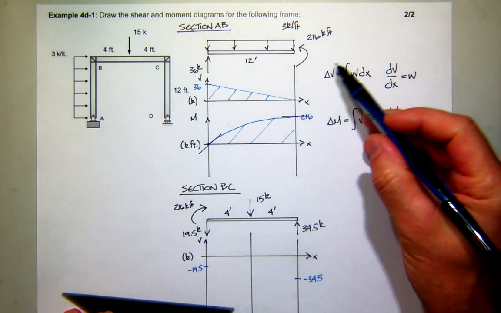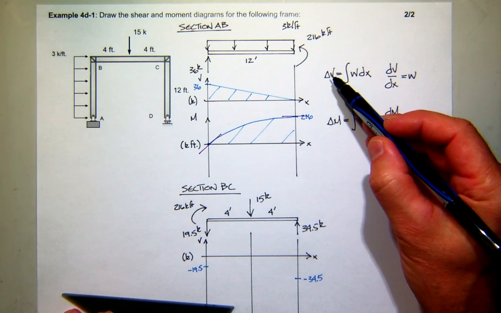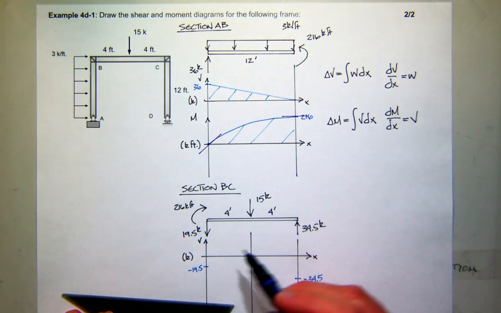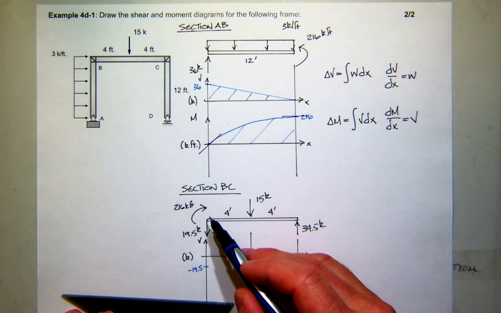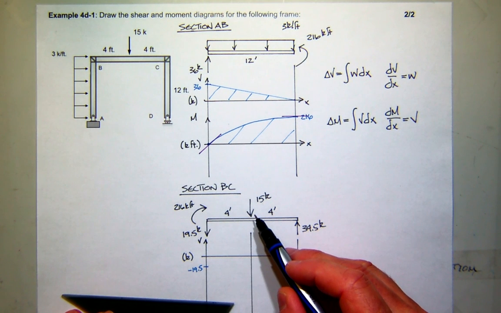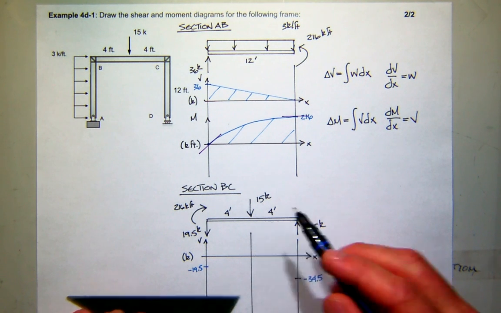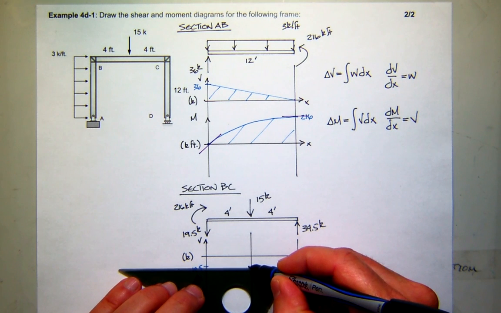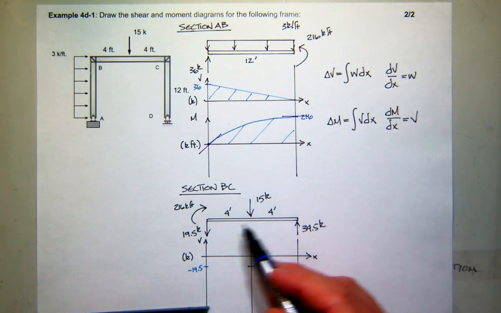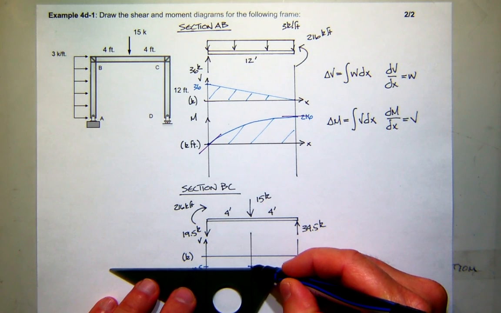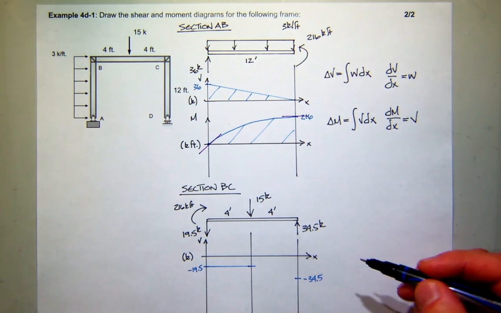So according to our relationship, the change in shear is the area in the load diagram. So what's the change in shear over the first 4 feet? It would be the area in the load diagram of the first 4 feet, which is nothing, 0. So it should be no change. And the slope of that curve is given by the load, and the load is 0. So 0 slope, horizontal line.